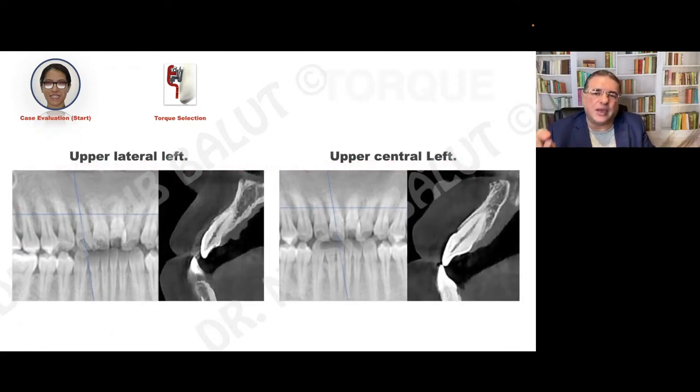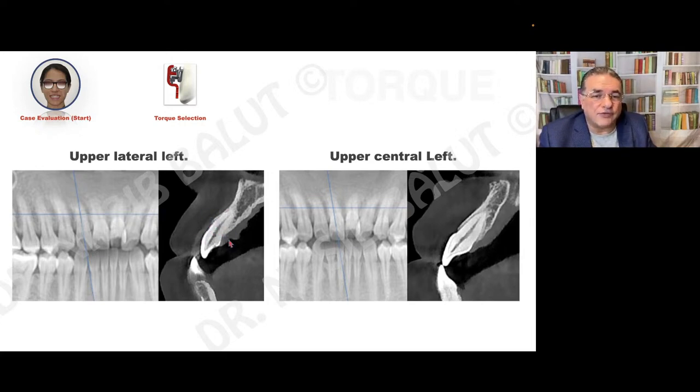We evaluate tooth by tooth the amount of cortical bone that we have in order to use the torque. Here is the upper lateral incisor. Sometimes it's very difficult to see the amount of bone, but we can see the thin layer that we have on laterals.